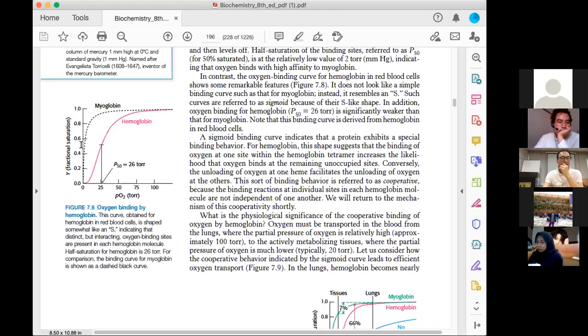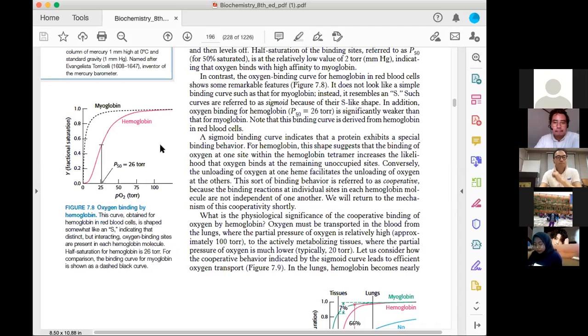So the oxygen binding to hemoglobin depends on the oxygen concentration. When oxygen concentration in the lung is very high, the hemoglobin tends to bind. But the peripheral tissues have low oxygen, so it would tend to release oxygen.